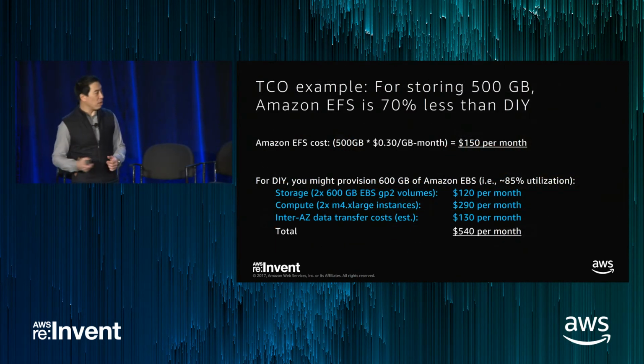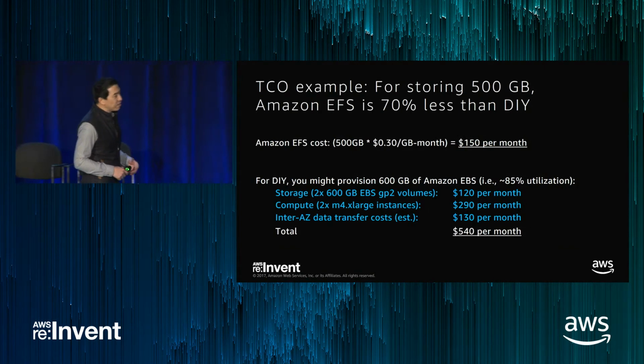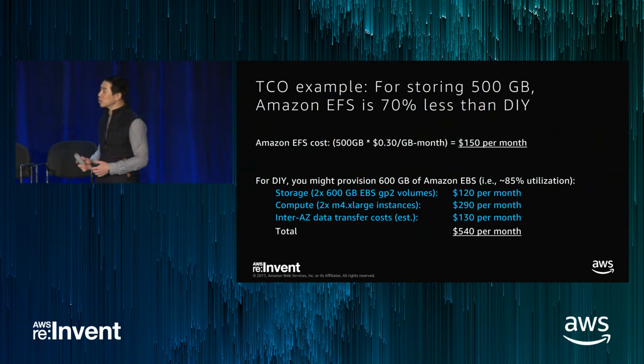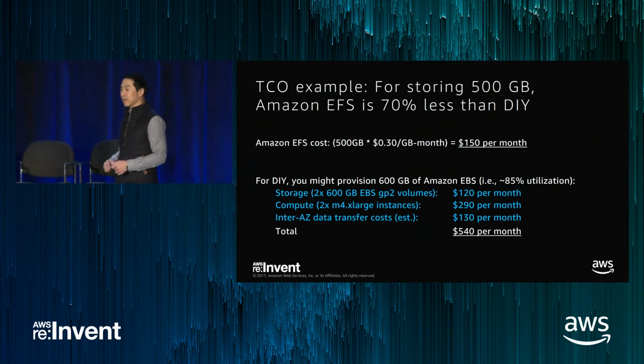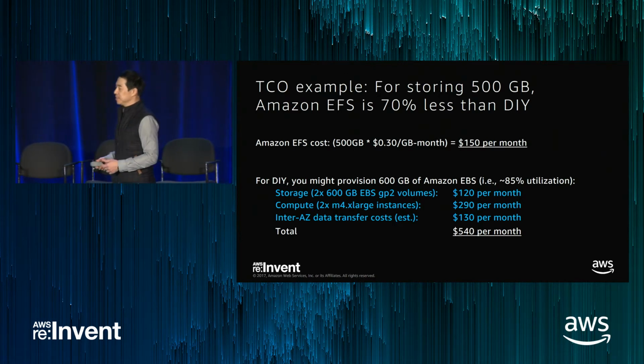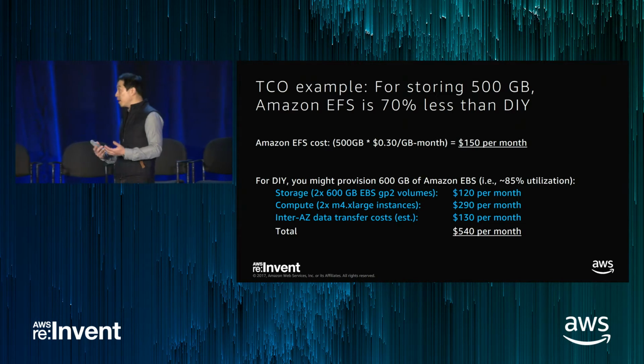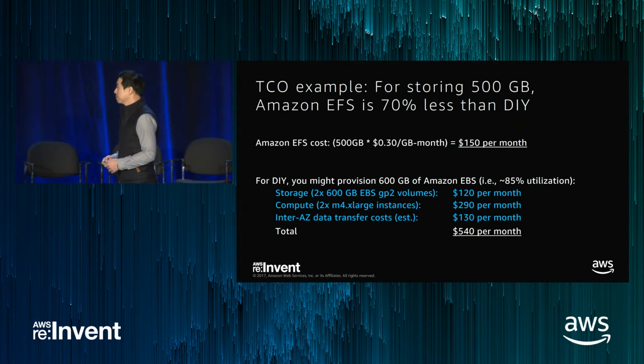And when you add it all up, in this example, for 500 gigabytes, EFS is over 70% less expensive than do-it-yourself. And that's just on the infrastructure pieces, not including the additional management and administration that you would have to perform in that environment.